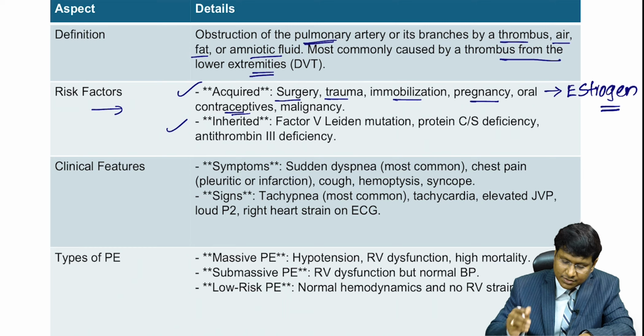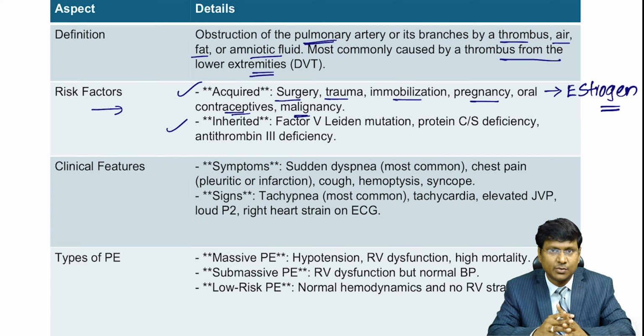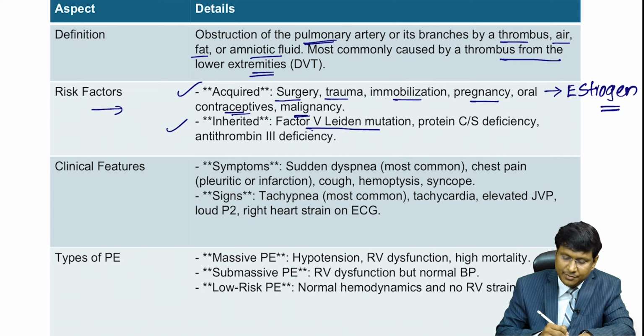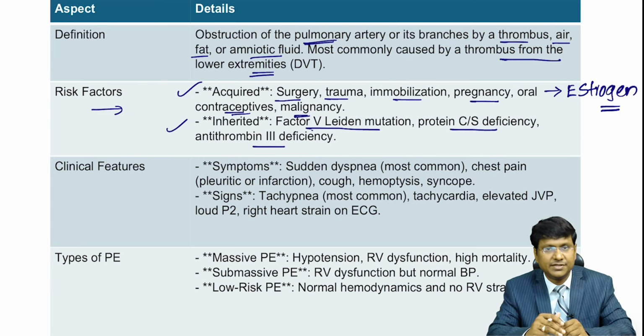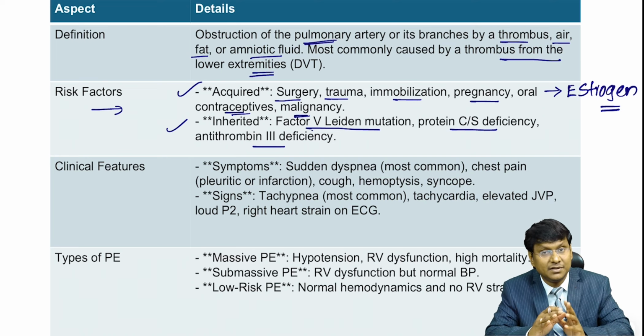The other important etiology is malignancy. So these are the acquired causes. If you take the inherited causes, we have factor V Leiden mutation, protein C deficiency, and antithrombin 3 deficiency. So these are the inherited causes for the development of pulmonary embolism, or hypercoagulability.